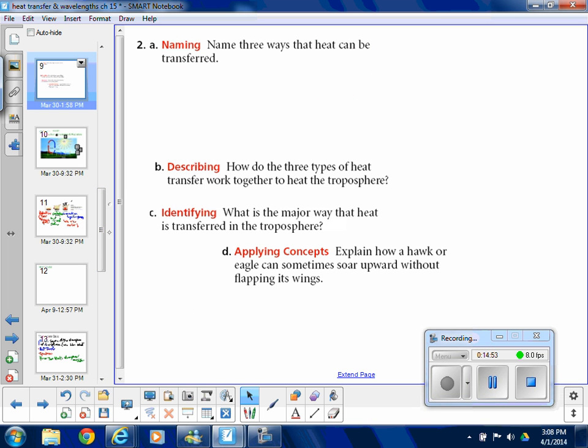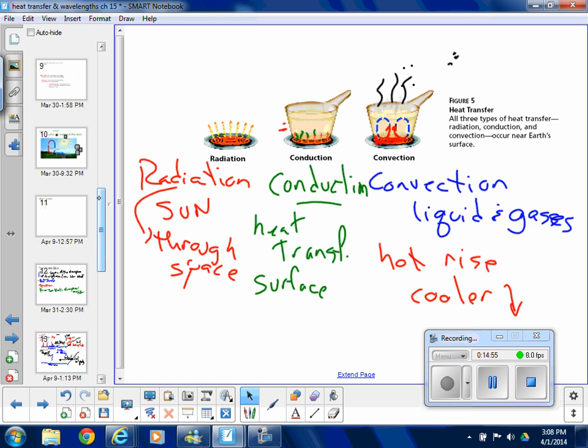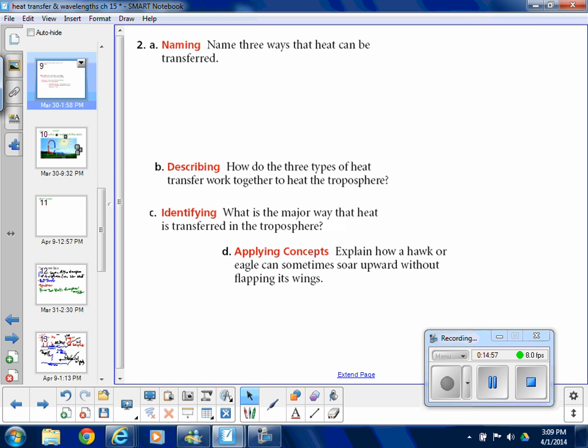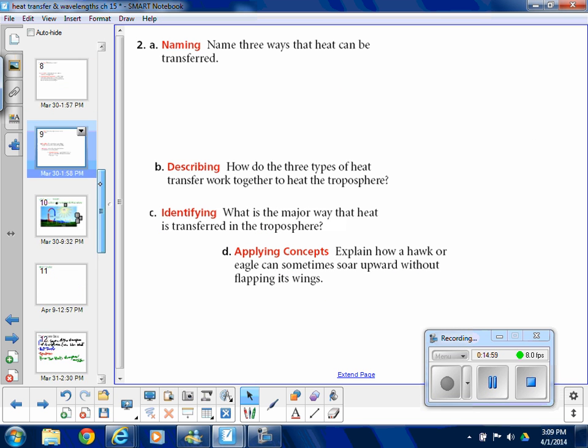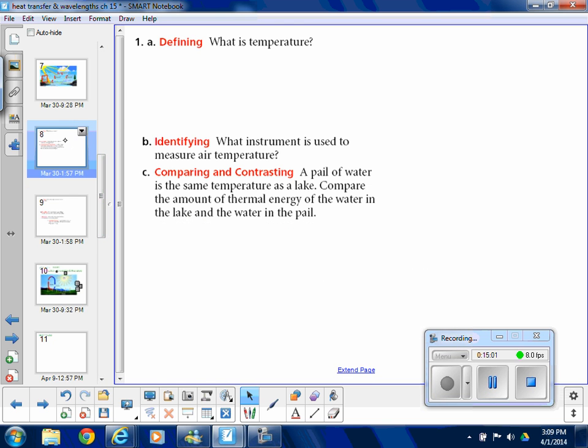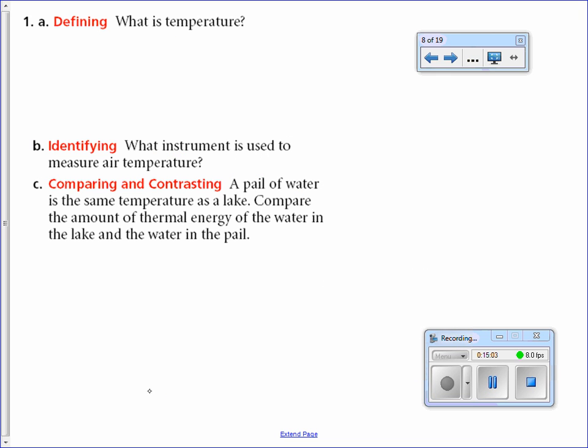Excellent. No, hang on, but I want you to say that again because I got lost again. Average amount of energy of molecules, right?